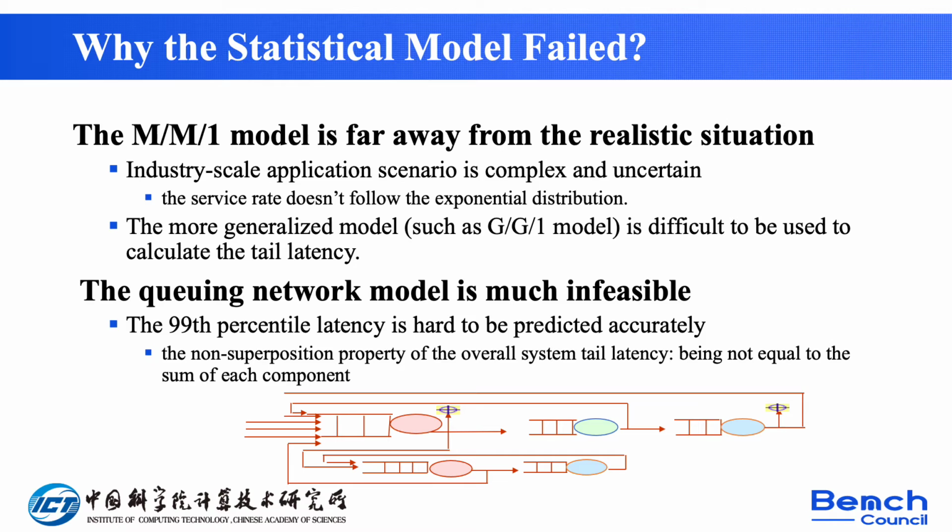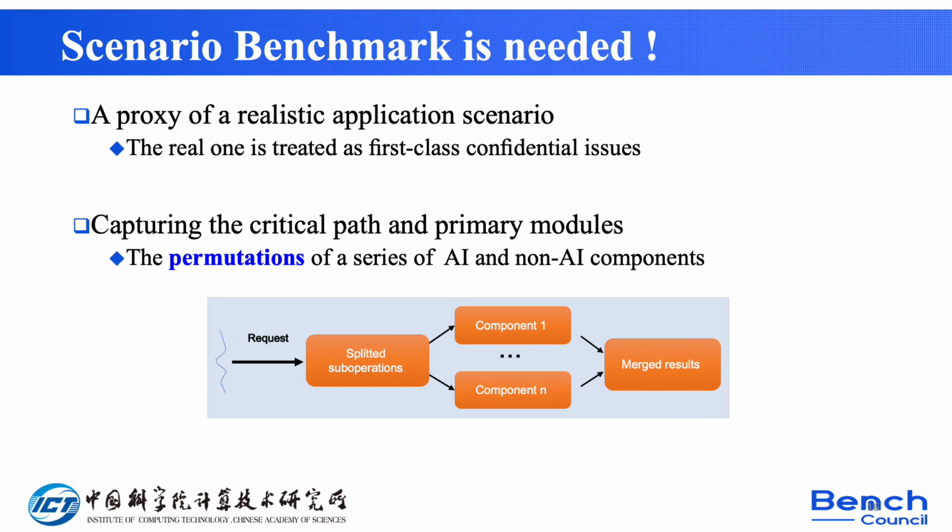Furthermore, if we try to characterize the permutation, so executing dozens of components in an end-to-end benchmark, we need a more sophisticated analytical model such as a queuing network model, which is infeasible for calculating tail latency. In conclusion, a scenario benchmark is needed.